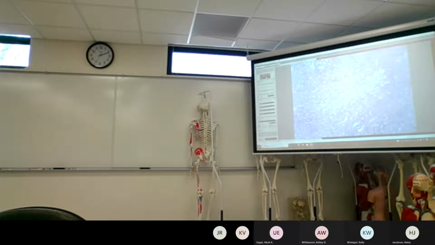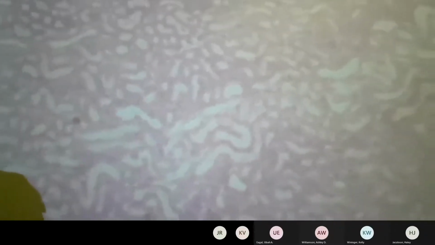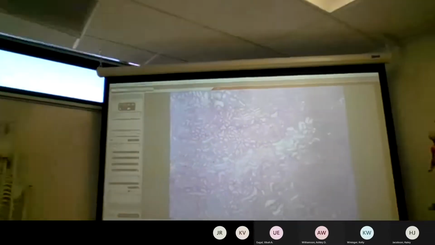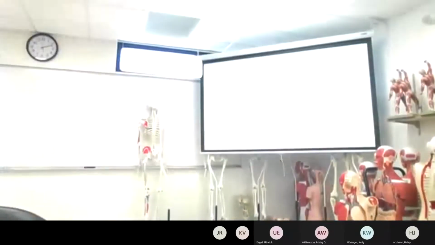Okay. All right, so simple cuboidal, the slides that you tend to have are going to be a kidney in cross section. Okay, and what you're seeing in these tubes, a lot of tubes, right, is we're going to see a lot of tubes from the nephron. Okay, and I'll show you, it's on this model.